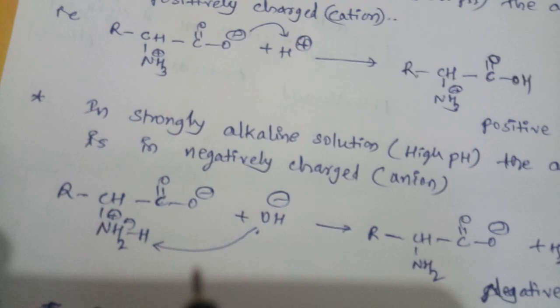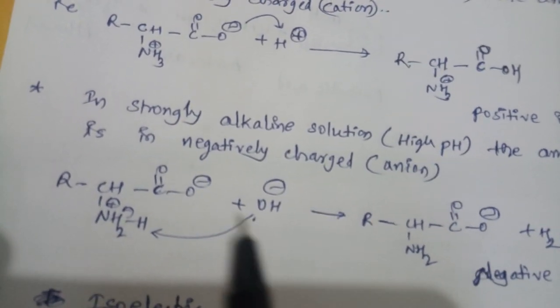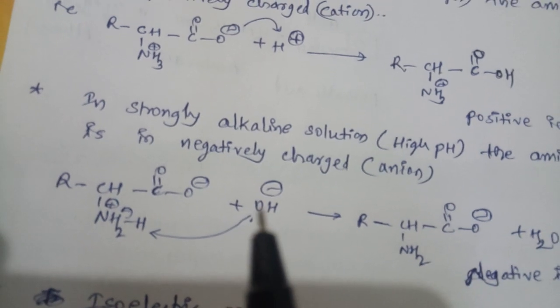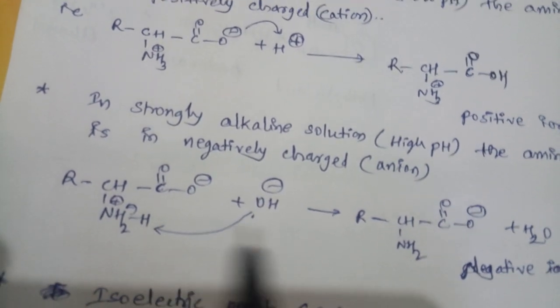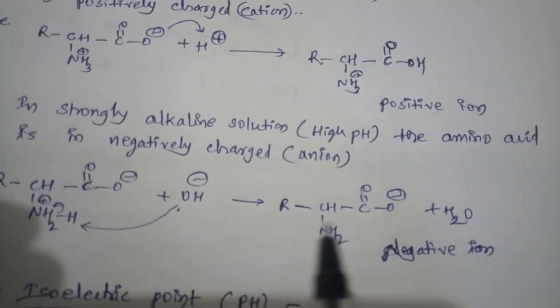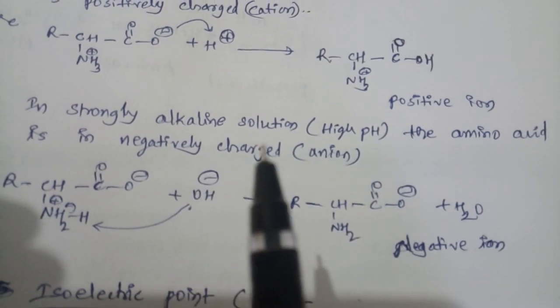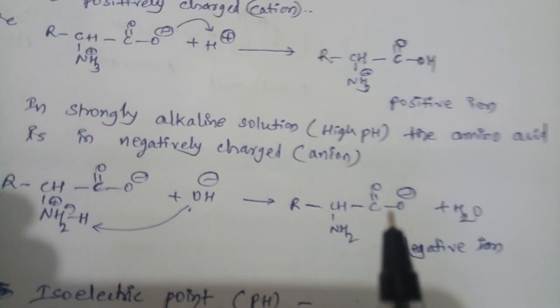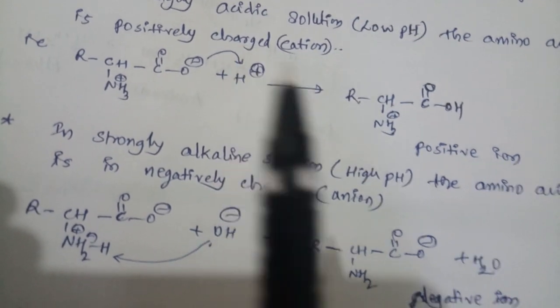Here in the alkaline solution, the OH minus hydroxide ion will attract an H plus ion, so there is elimination of a water molecule and a formation of a negative ionic group here. In strongly alkaline solution the amino acid is negatively charged, and in strongly acidic solution the amino acid is positively charged.